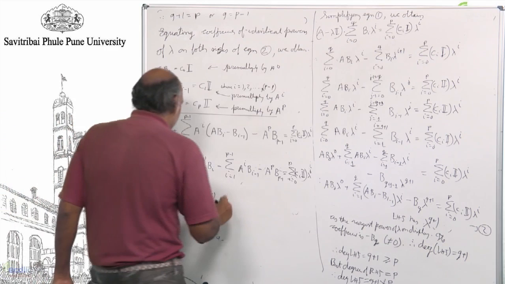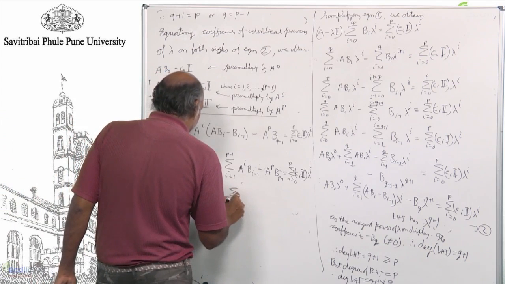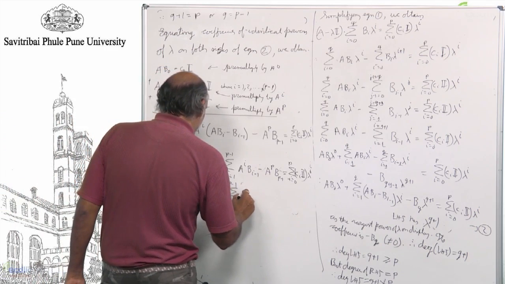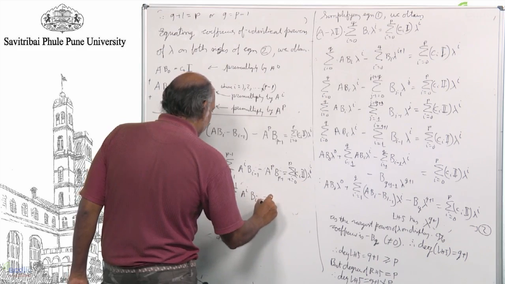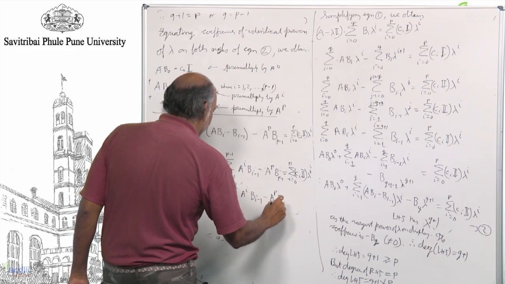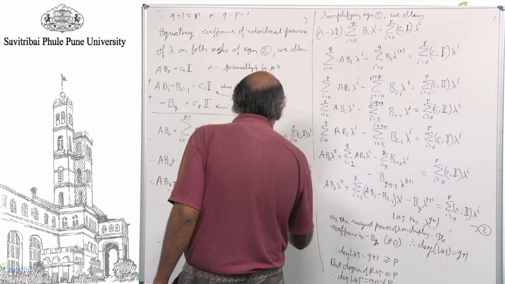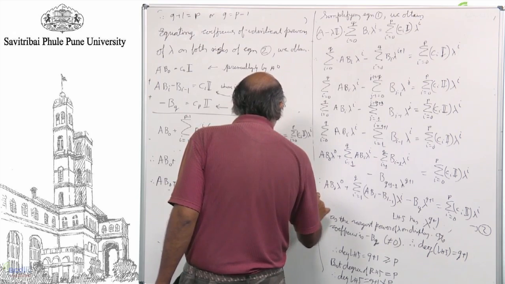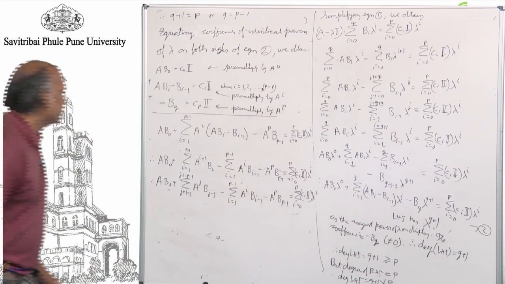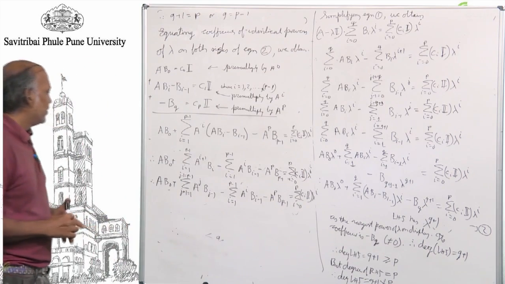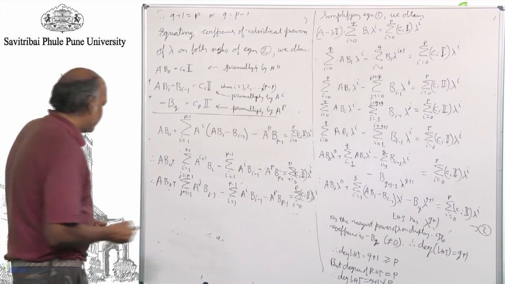And this, let me keep it as it is, 1 to p minus 1 of A to the power i b_{i-1}, minus A to the power p b_{p-1}. And this is the characteristic polynomial of A in A. Now let me simplify this a bit.